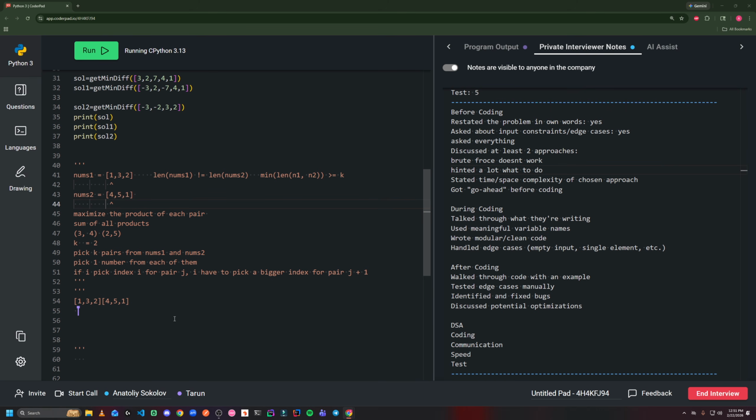I think here we need the memoization also, because, no, I think we are not going to recompute, because we are not going backwards.